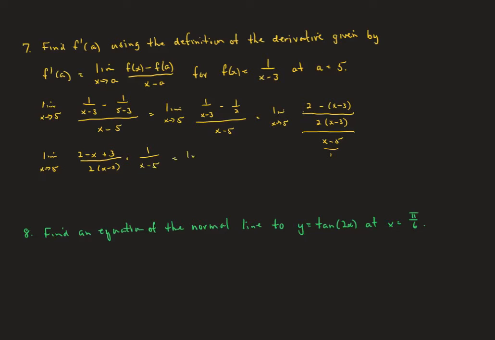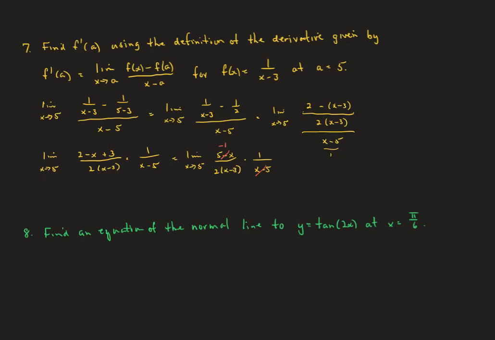So that's going to be the limit as x approaches 5. So when we combine, that's going to be 5 minus x over 2 times x minus 3 times 1 over x minus 5.